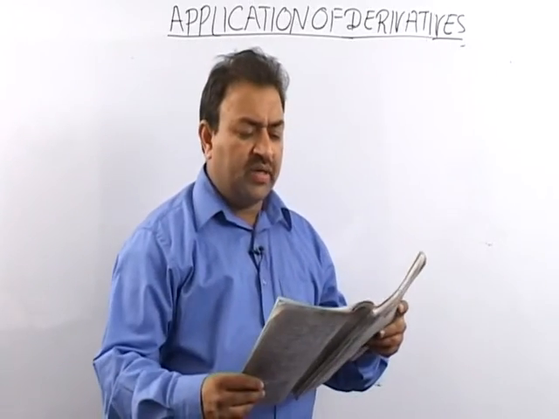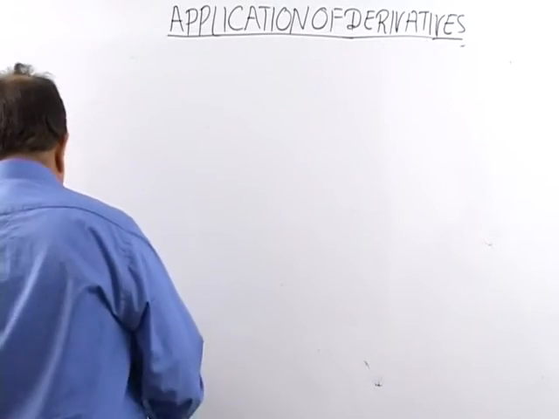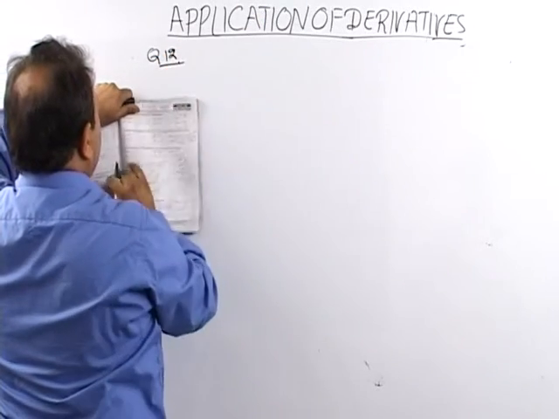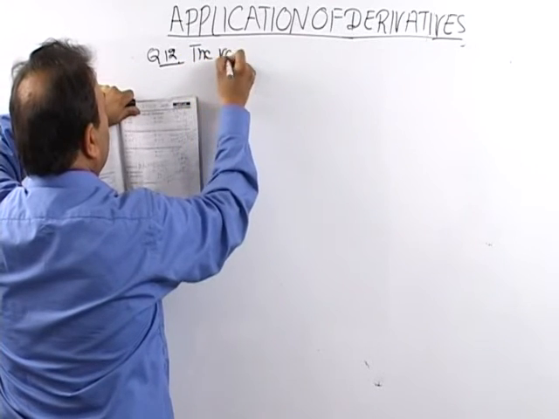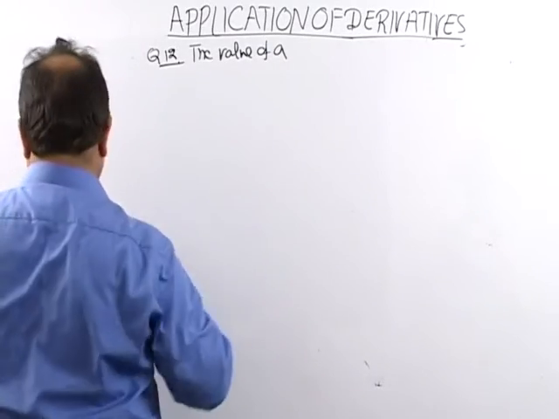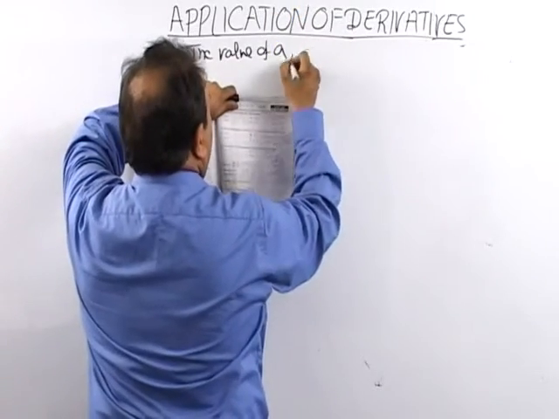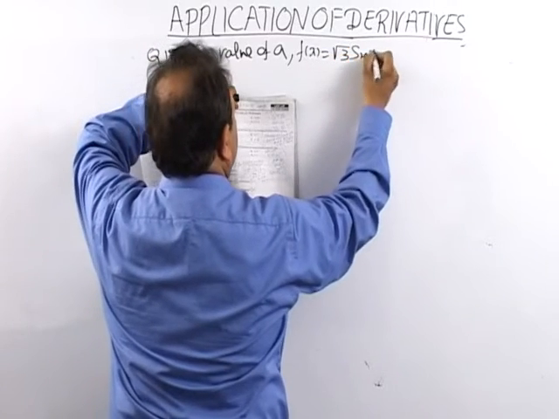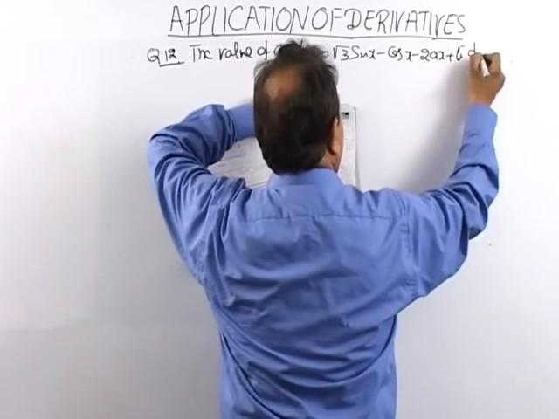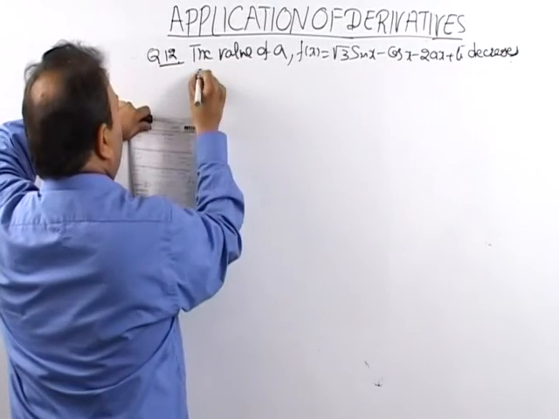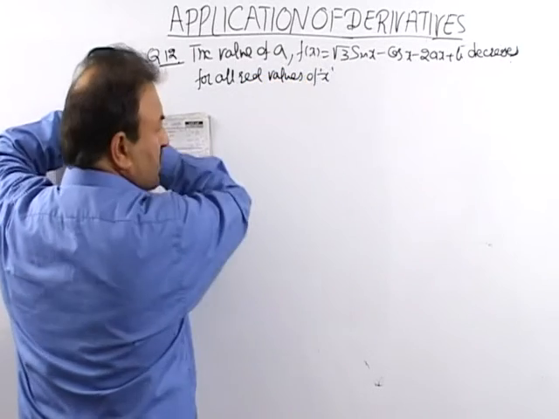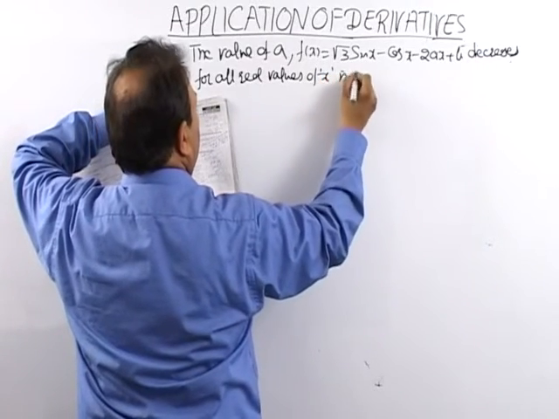Now I am coming to the next question, that is question number 12th of our booklet। Question number 12th है, the value of a for f(x) is equal to root 3 sin x minus cos x minus 2ax plus b decreases for all real values of x is given by.